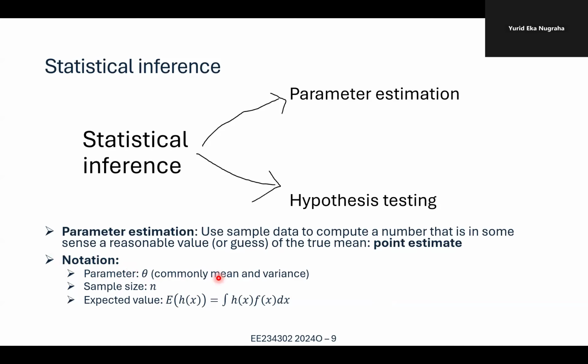The sample size is n, and the expected value of x, E of x, is the integral of x times f(x) dx, which is the mean. So, okay, let's start.